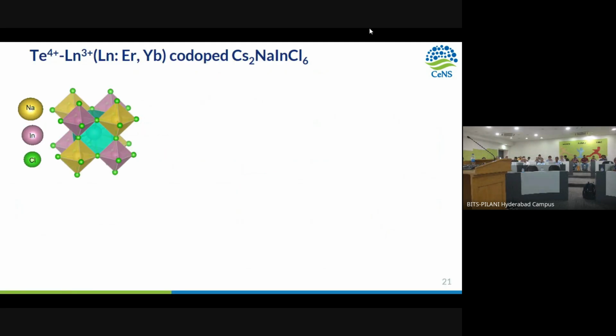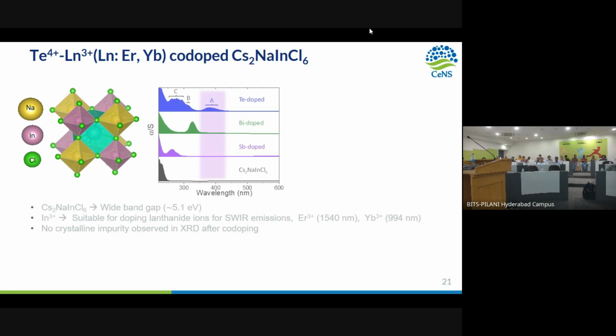The advantage of using double halide perovskites is that we can get rid of the lead, but still lead-based compounds have such exciting properties. This material has a very high band gap. These are the B and B prime sites, so these are the BX6 octahedra and this is the B prime X6 octahedra. They are alternatingly arranged. That's what the double perovskite systems are.